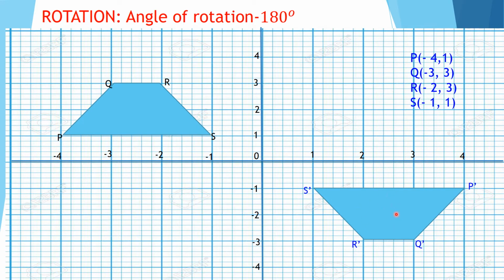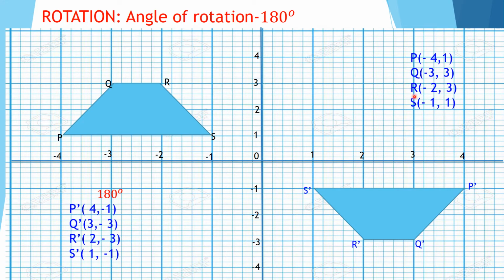You can see my image here. So this is the image, and this is what you should do. You multiply both the x and y coordinates by minus 1. So you negate both x and y, and this is what you have. So if I negate my P, I will have P prime to be 4, minus 1. If I negate my Q, I'll have 3, minus 3.